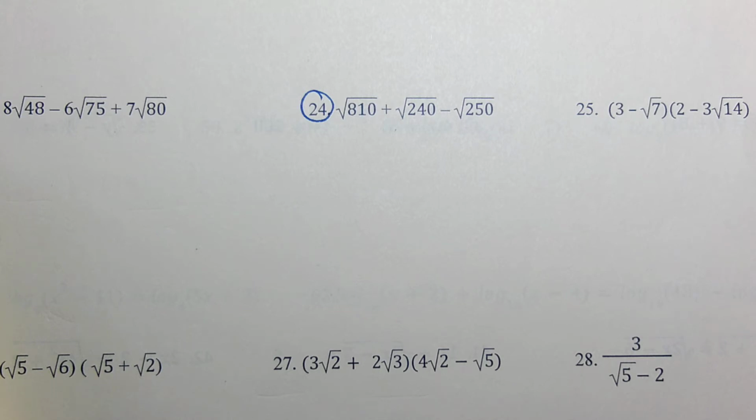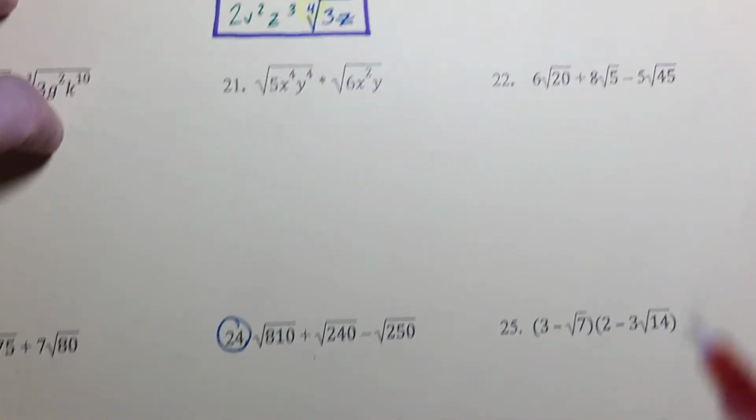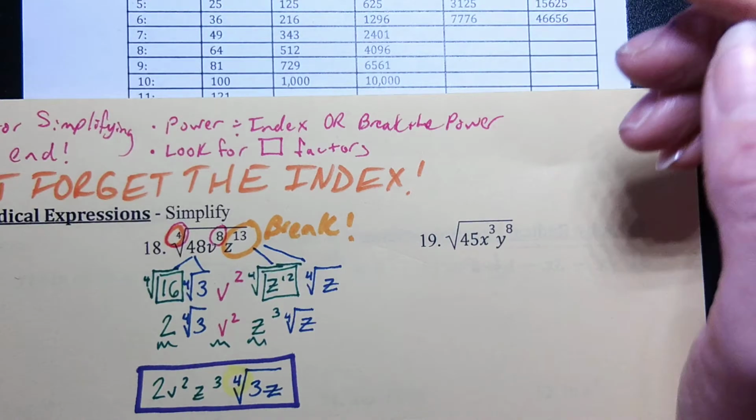All right, folks, let's start talking through number 24. So first, that was only 2 minutes. That's fine. On number 24, the deal with adding and subtracting radicals is you can only add like radicands. So let's put a little note up at the top.